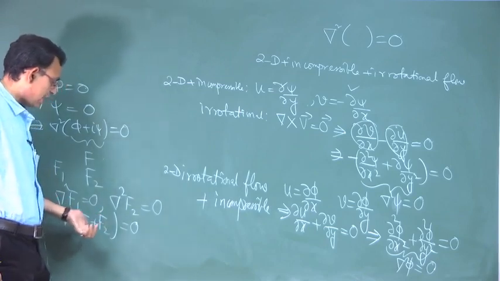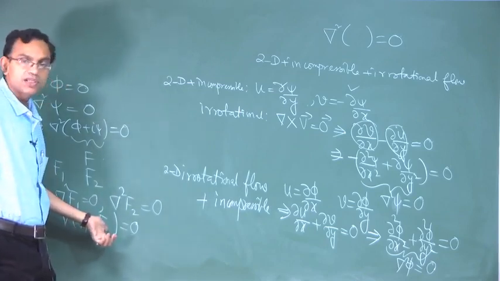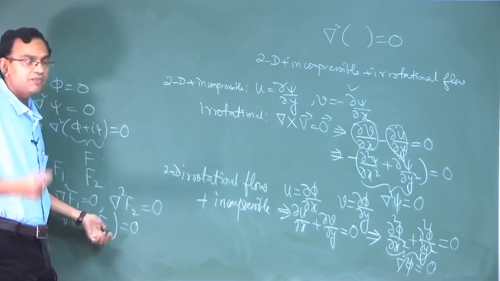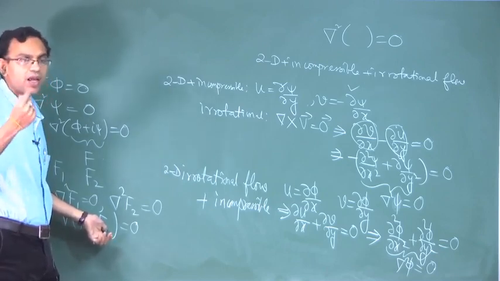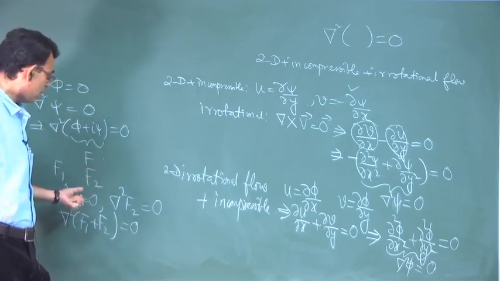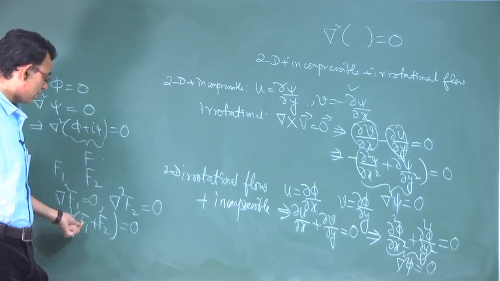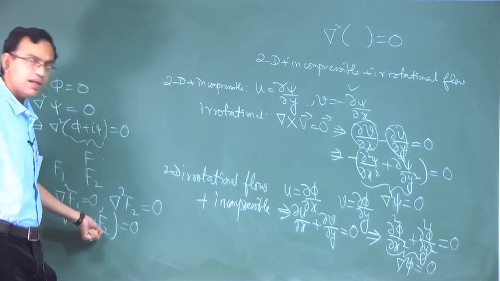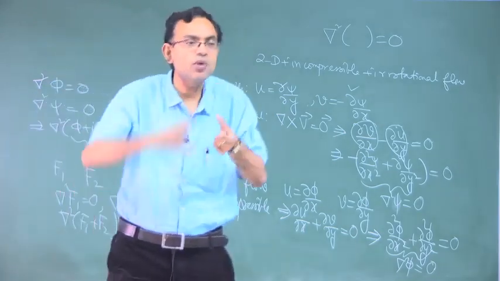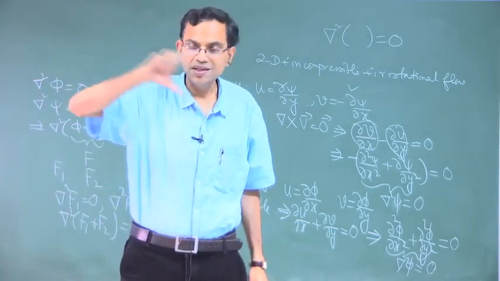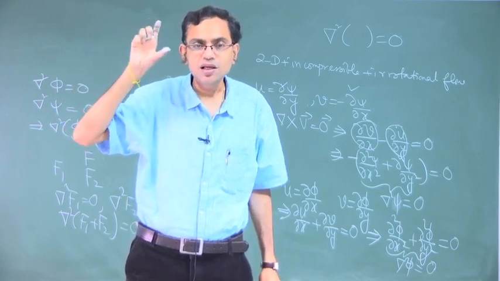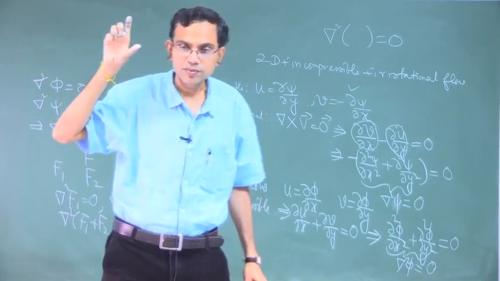So, what we do here is simply use the superposition, and this superposition gives a very simple elegant way of approaching the Laplace equation. So, we will try to find out the functions f1, f2 etc. for simple types of flows, say uniform flow. Uniform flow is the simplest inviscid and irrotational flow.